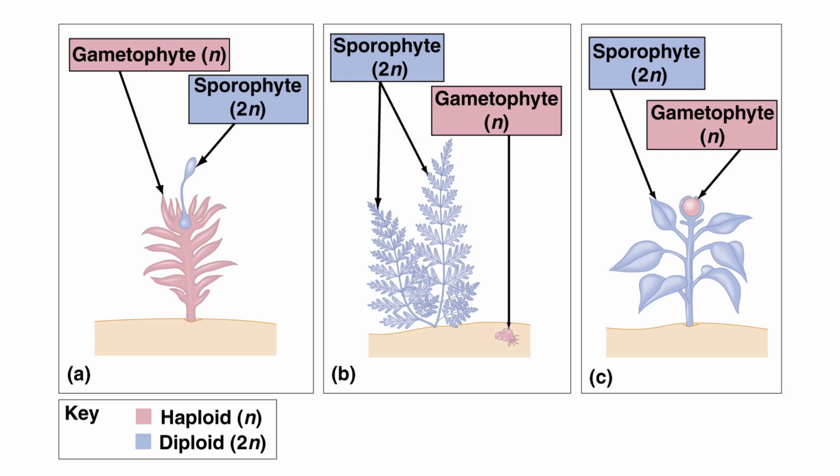Okay, so if we look at the size differential between both the gametophyte and sporophyte in the different groups. In our mosses, which is this first group, you're going to have the gametophyte, which is the dominant stage, so it's much larger than the sporophyte. The sporophyte is going to be shown in blue. When we move on to the next group, the ferns, the sporophyte is larger, it's the more dominant stage, and the gametophyte is very small.